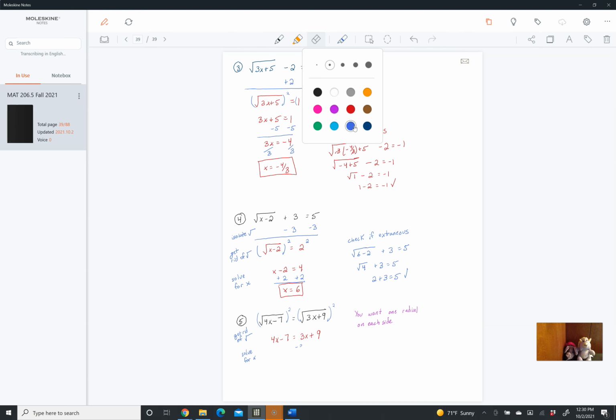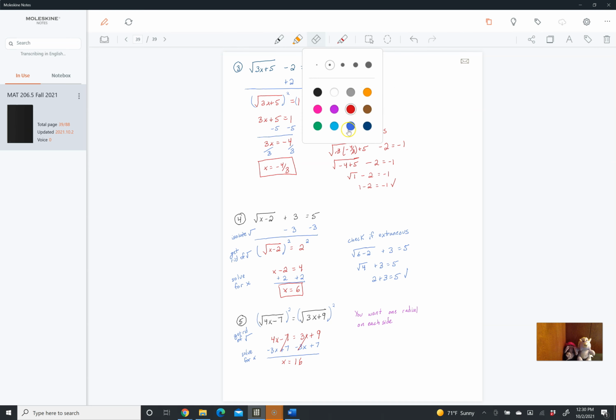We could subtract 3x and add 7 to both sides. And that is going to leave us with x. The 7's cancel, the 3x's cancel. So we get x is equal to 16.